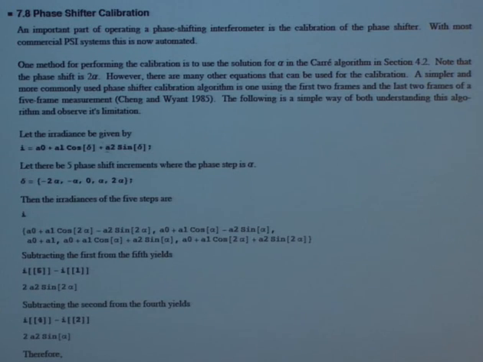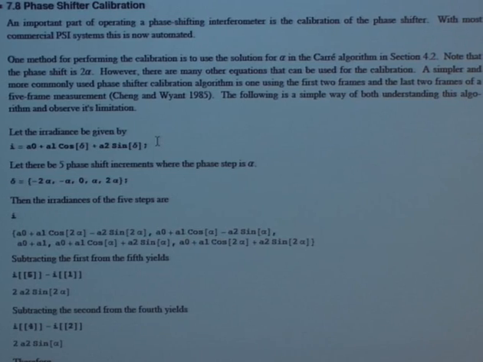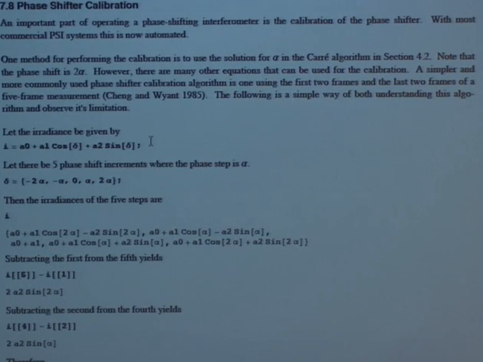Anyway, that's just another way of writing our irradiance that we measure here. And we said we have these 5 phase shifts, -2 alpha, minus alpha, 0, alpha, and 2 alpha. If I take the 5th one and subtract from that the 1st one, and you go through the algebra, what you end up with is 2A2 sine of alpha.